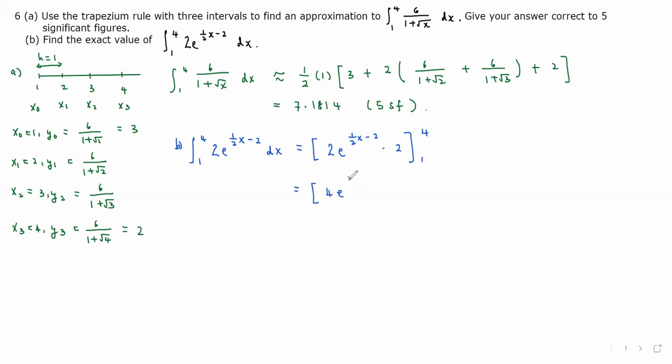We have 4e to the 1 over 2x minus 2 that we evaluate from 1 through 4. Now we replace x with 4, so that gives us e to the 0. And when we replace x with 1, we have e to the negative 3 over 2. Therefore, the exact value of this definite integral is 4 minus 4e to the negative 3 over 2.